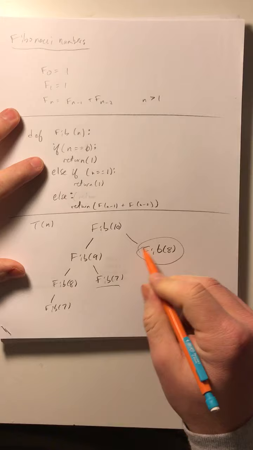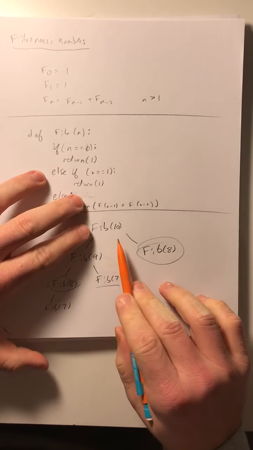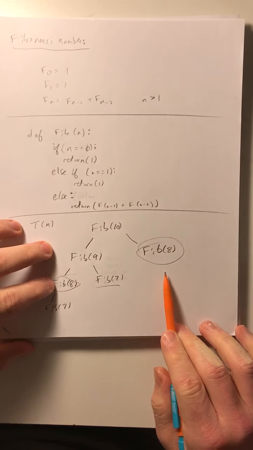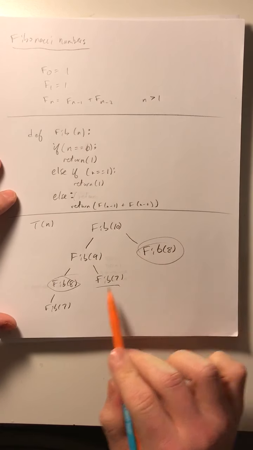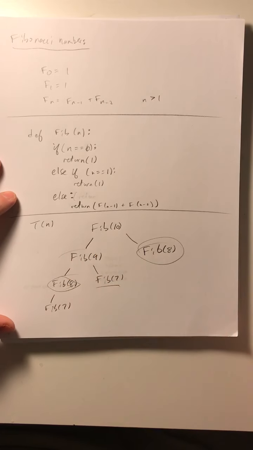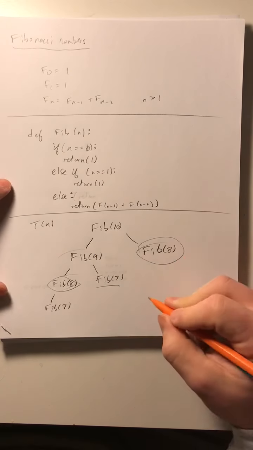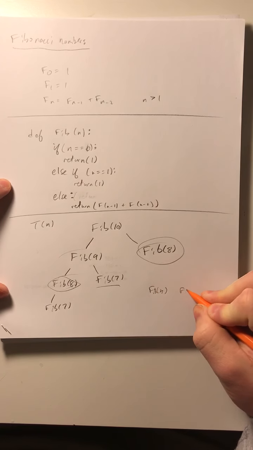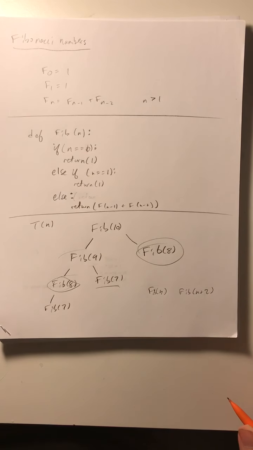So here I have the 8th Fibonacci number, and over here I have it again, which means that in order to compute the 10th Fibonacci number, it's going to take more than twice as long as the 8th Fibonacci number, because it has to compute the 8th Fibonacci number here, and then also this other stuff. Right? So to go from, say, fib n to fib n plus 2 is going to take more than twice as long.